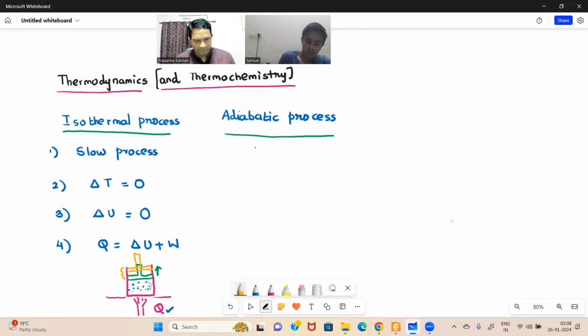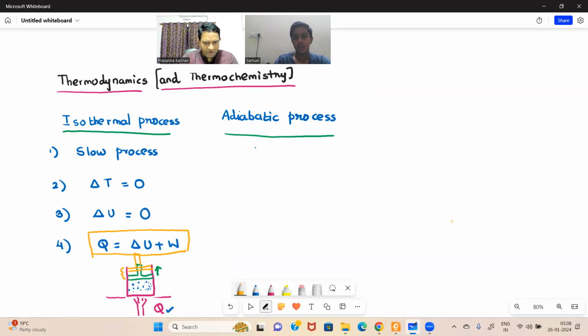This is what is summarized in the first law of thermodynamics, which says the total quantity of heat supplied is used up for two purposes: to increase the internal energy of the system, and part of that energy is used for doing some work. Is that clear?